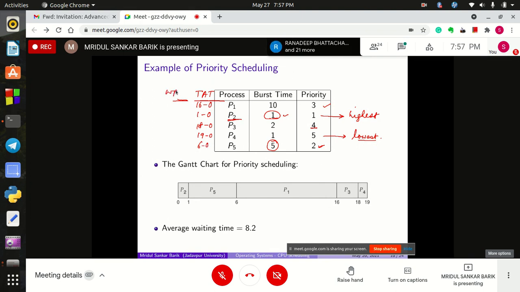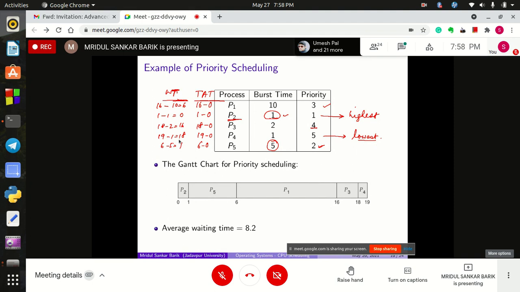So waiting time would be what? Turnaround time minus the burst time. So it would be 16 minus 10, it would be 6. This is 1 minus 1, it will be 0. This is 18 minus 2, this will be 16. 19 minus 1, 18. 6 minus 5, this is 1.